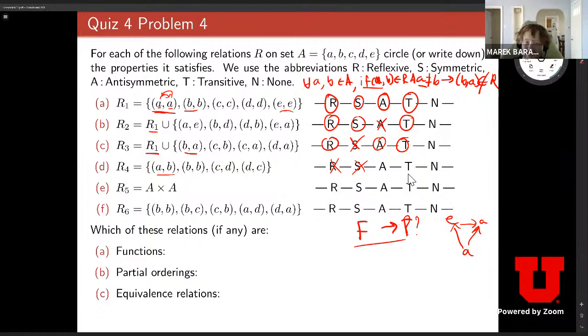No, because we have CD and DC. Is it transitive? No, because we can go from C to D and D to C, but we don't have CC in there. So it's not transitive, so it's none. Yeah, no CC, as Brendan says in chat.